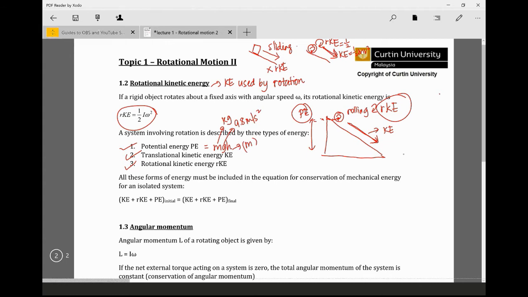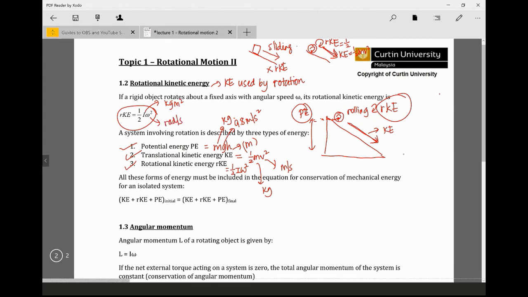What is the formula for translational kinetic energy? Half m v squared. m is kg, v is velocity in meter per second. Rotational kinetic energy, half I omega squared. I is the moment of inertia, kg meter squared, and omega is angular velocity, which is radians per second.